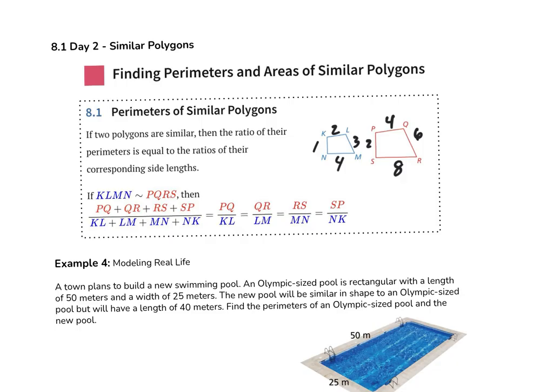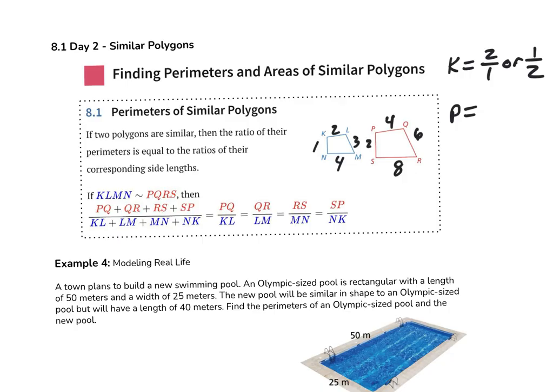So we're saying all of these sides are 2 times bigger. On Friday, we talked about the ratio being 2 to 1 or 1 to 2, depending on if we go from small to large or large to small, right? Either one of those would be acceptable. When we talk about the perimeter of these two figures, how do I find the perimeter of a figure? What do I have to do? Add up all the sides, okay?